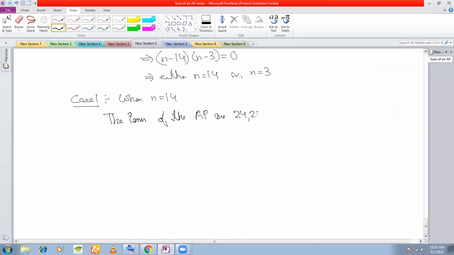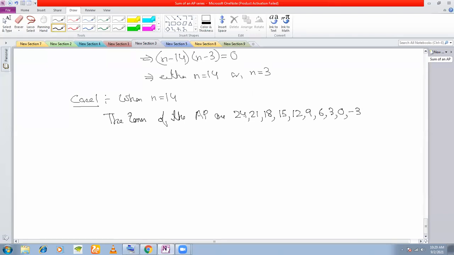If you see, the terms are continuously decreasing by 3, right? So after 18 will come 15. So this is the fourth term. What is the next term? It is 12, 9, then 6, then 3, then 0, then minus 3, right?